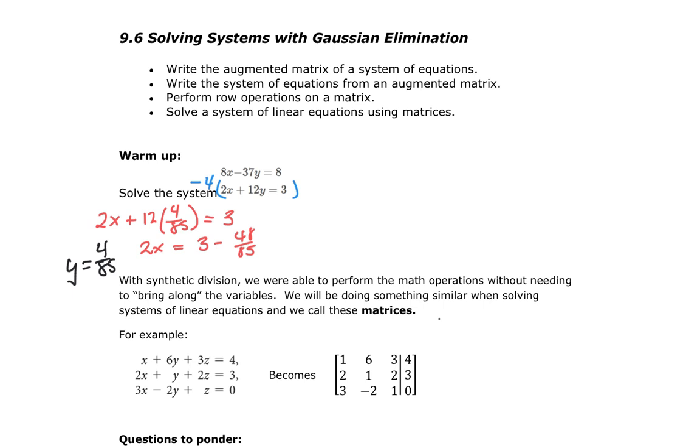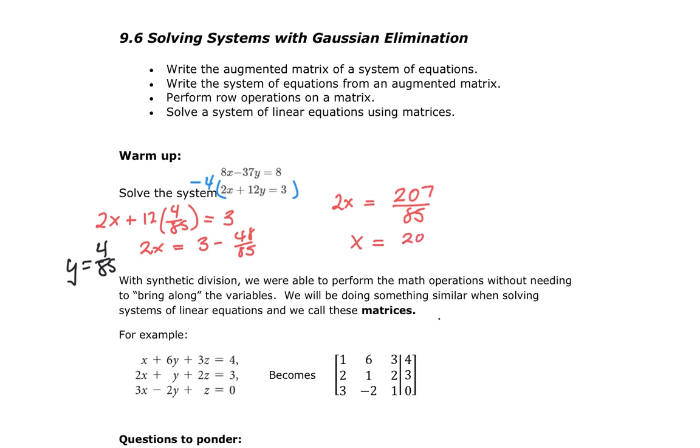So I'm going to get on the left-hand side just 2x still. And then on the right-hand side, I'm going to do 3 subtract 48 over 85, which gives me 207 over 85. And then now I'm going to divide by 2.